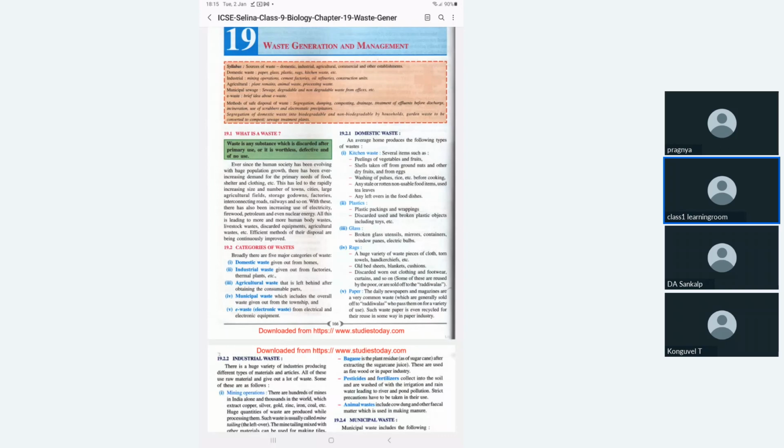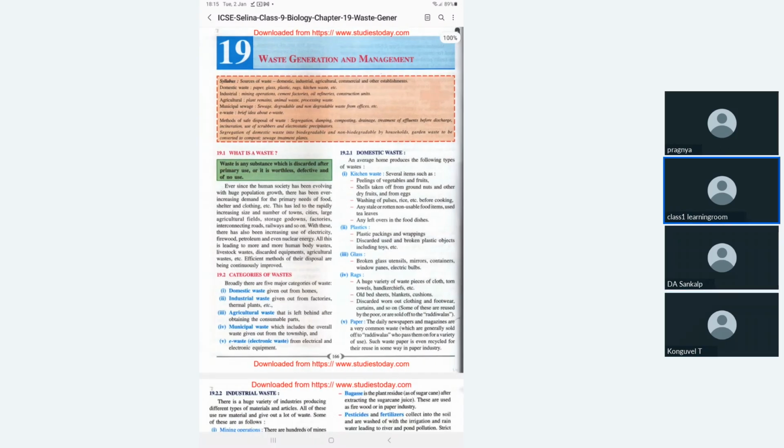Nowadays, is the amount of waste increasing or decreasing? Increasing, sir. Why is it increasing? Because the population is increasing. Something called anthropogenic activities, do you remember?